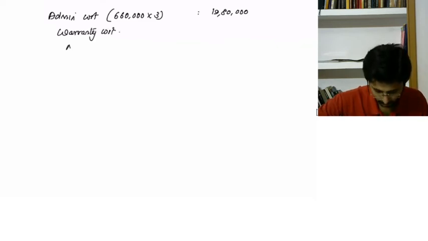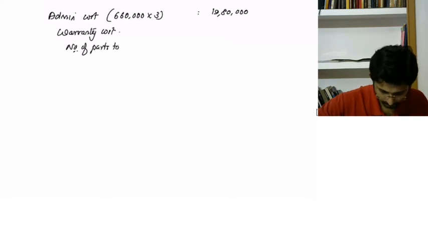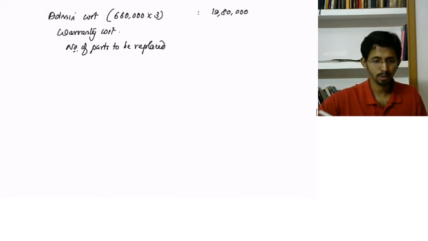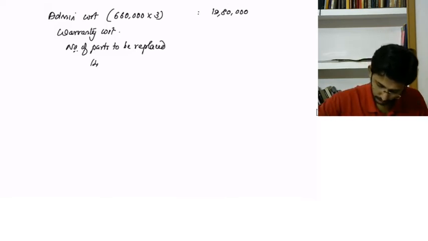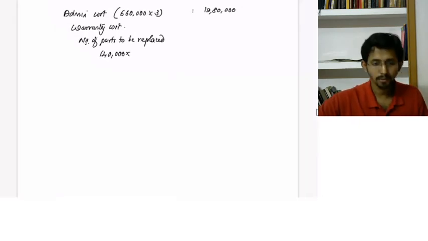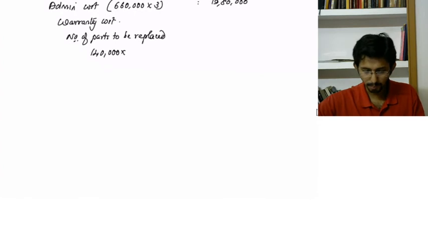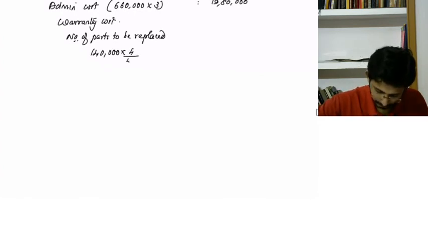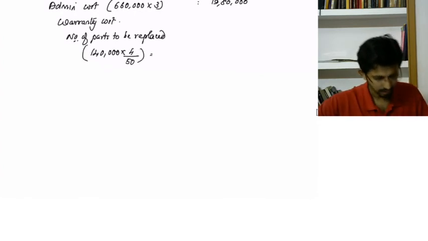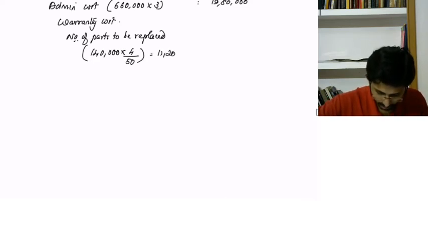Okay, then warranty cost. So in that, number of parts to be replaced, here how many units? 1,40,000 units into, for every 50 units it's 4 parts, so 4 by 50, that will give you 1,40,000 into 4 by 50, that is 11,200.